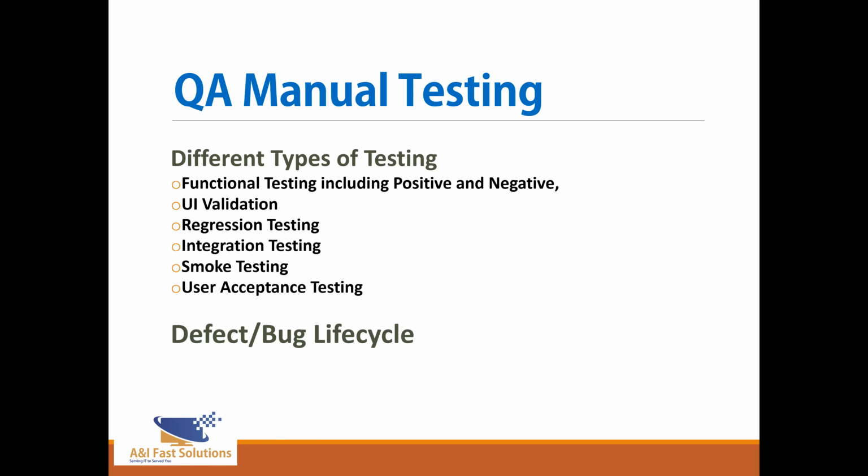Once you work with any company or any project, your main responsibility is to make sure that whatever software is developed by the developers, you test or execute your test cases on that application and make sure that the application is bug free, with no defects in it. So that's why we're going to cover defects, different types of bugs, identifying those, and also the bug or defect has its own life cycle, how we need to handle or execute those things.